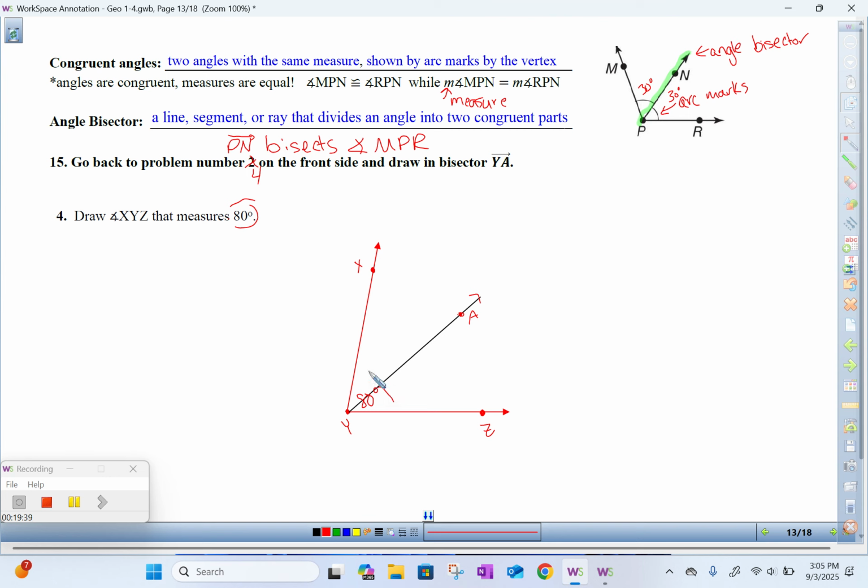One is with arc marks, and that 80 degrees said it's split in half, or just as another visual, this one's not going to be very pretty, you could write 40 degrees and 40 degrees, and that says that this is a bisector because those are equal and that the sum is 80 degrees. Okay, so either one. I have these arc marks offsetting so that it doesn't look like one smooth arc. Okay, that's important.